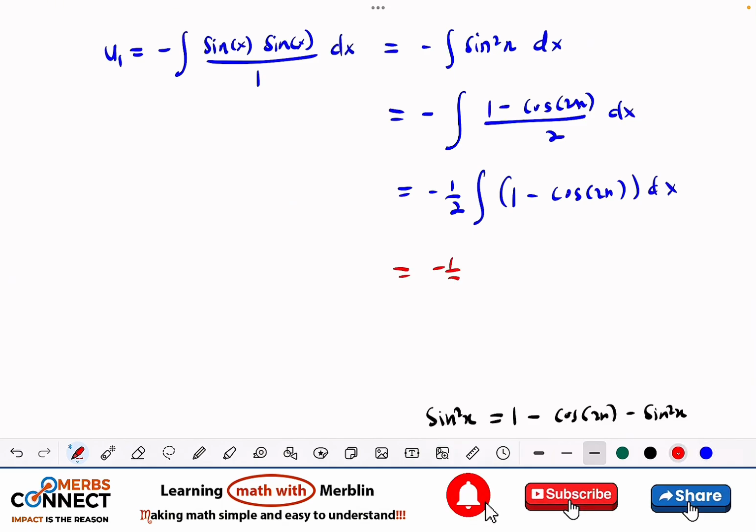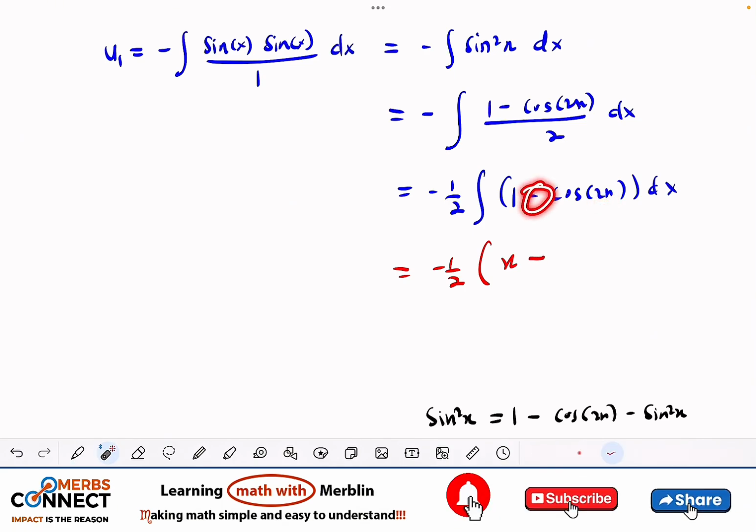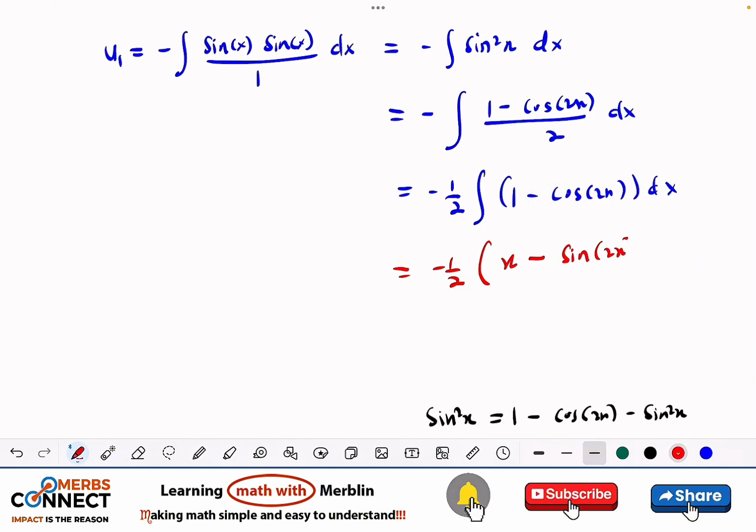Then let's do the integration. So 1 over 2, when I integrate 1, I get x, because it is the x that when I differentiate, I'll get 1. Good. Then when I integrate cos, what am I going to get? When I integrate cos, I get sine. But this is a chain rule case, right? So I'm going to get minus, the minus is already here, and then I'm going to have sine 2x, but this is a chain rule case.